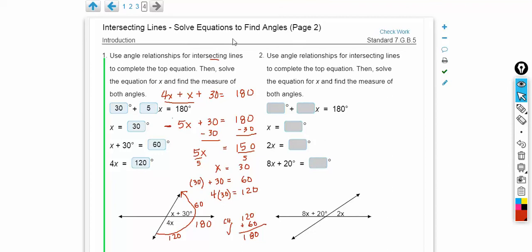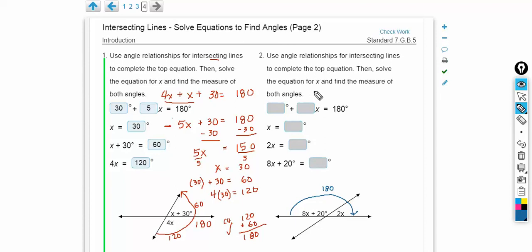Okay, last but not least, let's change the color. Right here, this equals 180.